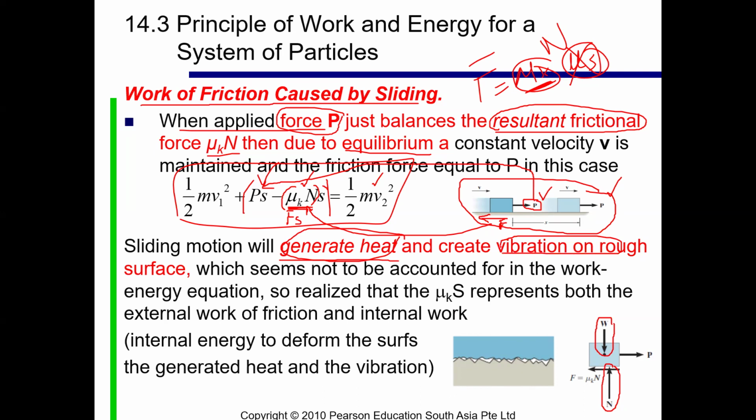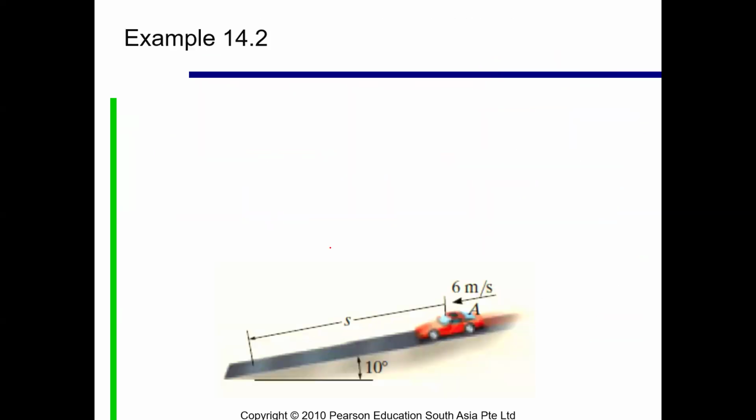These are other forms of energy you need to take into account at a higher level when you go for the proper energy balance. But at this level, which is a first-year or second-year level course, you are ignoring them. So that's basically the frictional force caused by sliding.